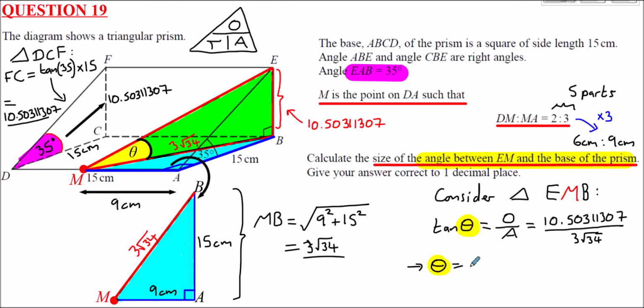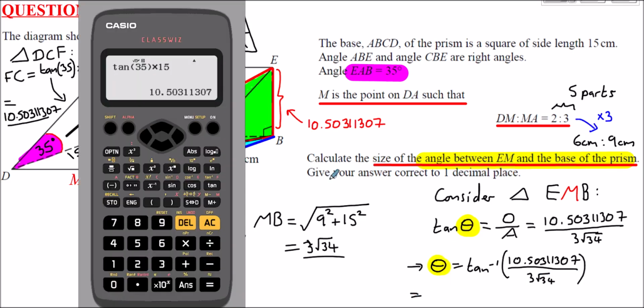So theta is going to be tan minus 1, 10.503 11307 all over 3 root 34. So what does that give us? Well, I've got this number stored in the calculator, so I'm going to leave this as it is. If I press A and S, I've got it stored. So shift tan minus 1, the answer I've got stored all over 3 root 34.